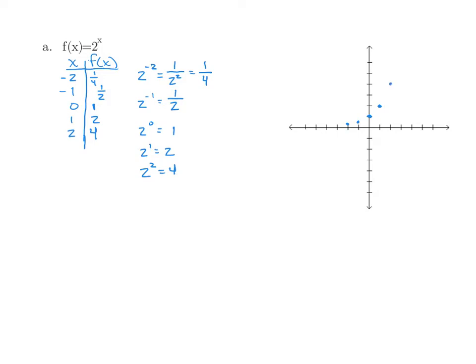And (2, 4) is 2 to the right and 4 up. And so now if we look at this, we do see our exponential shape.